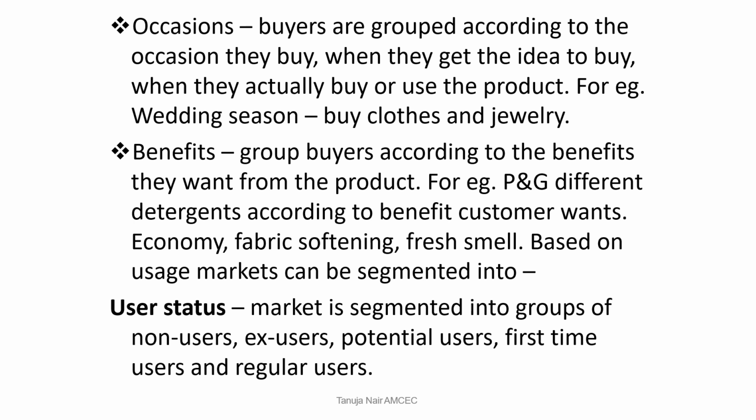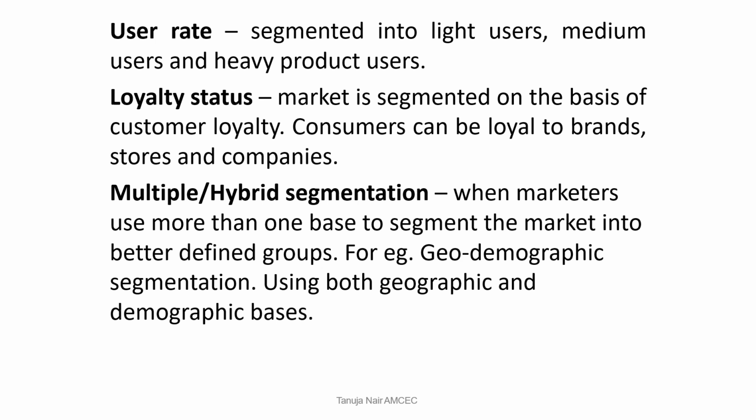Then, based on usage, they see the user status, like what is the status of the targeted customer. Is he a non-user who has not used the product, or an ex-user who was using the product and is not using it now, or a potential user who may start to use your product in the future, or a first time user or a regular user. Based on user status also, they will try to segment the market.